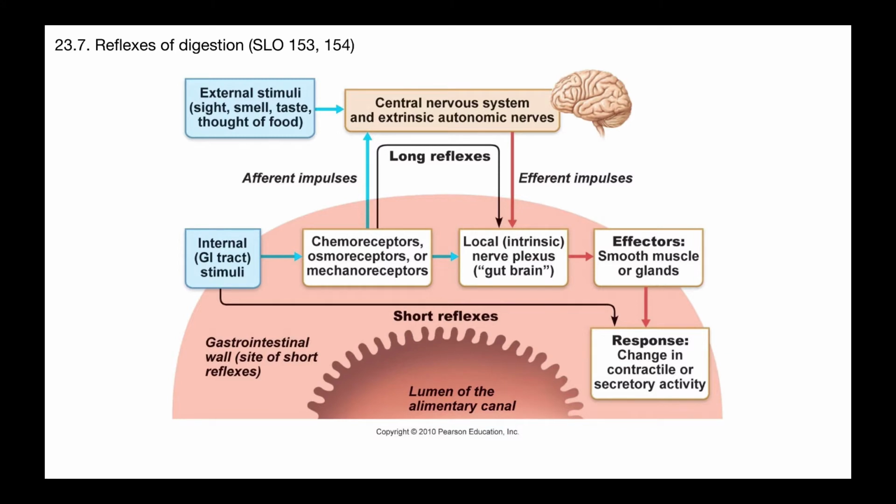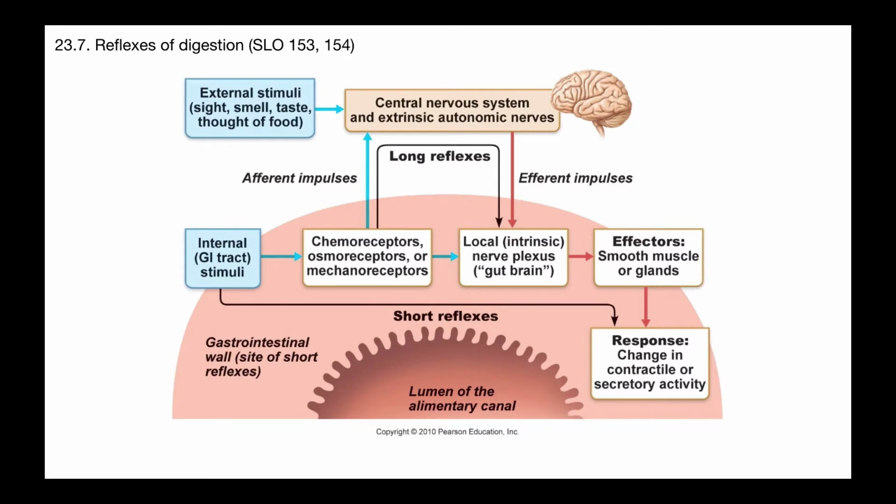Okay, now I said before that a lot of the processes that happen with the digestive system are autonomic, or at least automatic, where once we start eating, it's like we're not in charge anymore. So there are different kinds of reflexes that happen within the digestive system. I'll talk about what we call the long reflexes first.